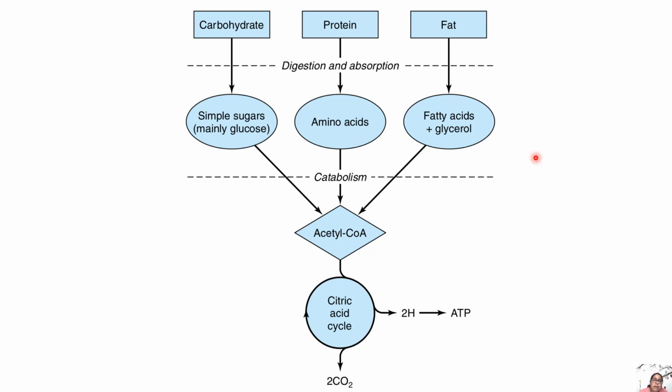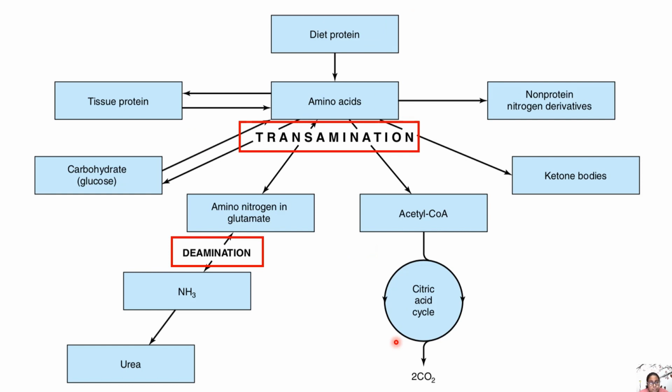Be it carbohydrate, protein or fat, after digestion and absorption, carbohydrate gets converted to simple sugars, mainly glucose. Protein gets converted to amino acids, and fat gets converted to fatty acids and glycerol. Then the catabolism process starts with acetyl CoA and then the citric acid cycle. From amino acids there will be transamination.